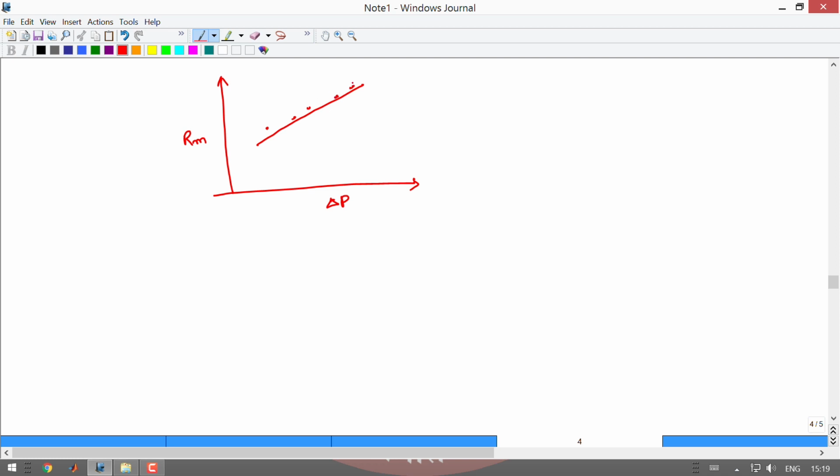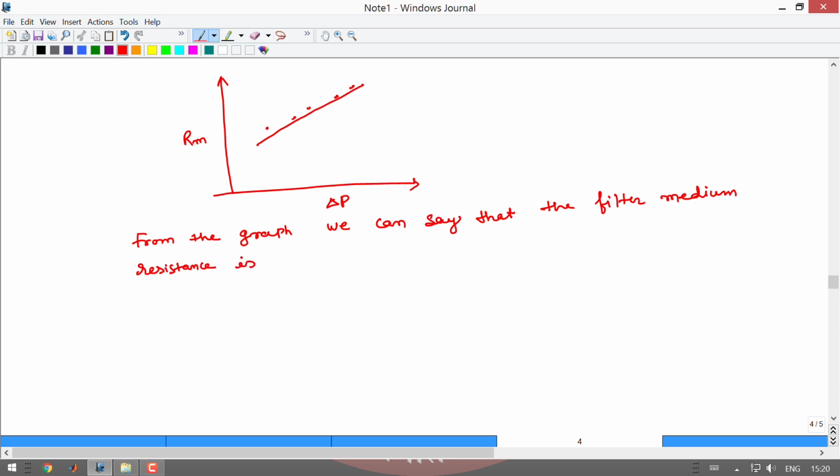From the graph we can say that the filter medium resistance is linearly varying with pressure.